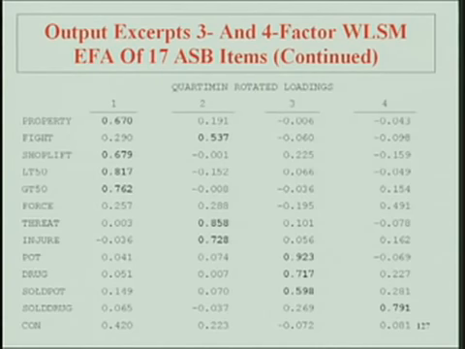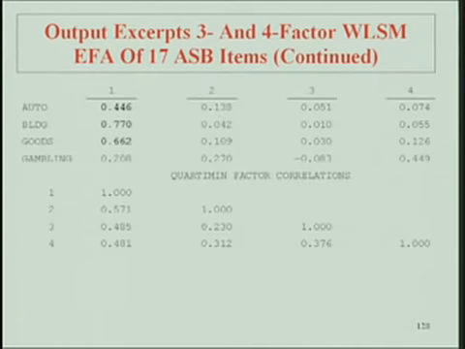Factor 1 on slide 127 is property offense, shoplift, less than 50, greater than 50 stealing. It continues on slide 128, and the property offense continues into auto, building, and goods.